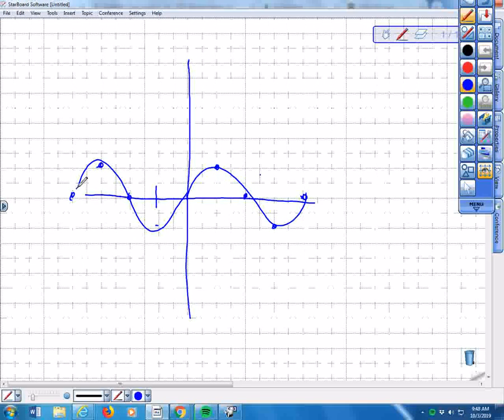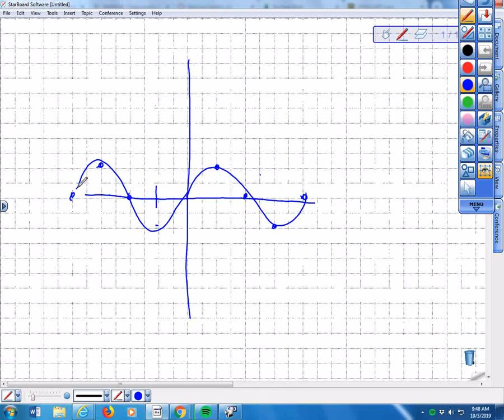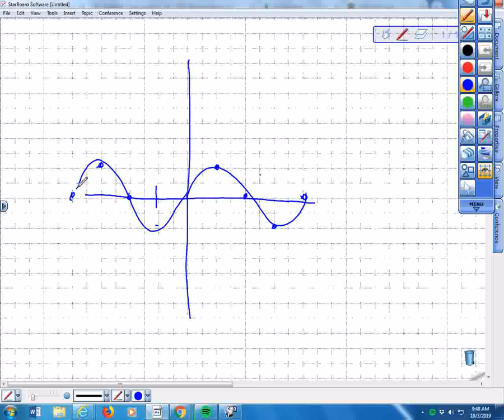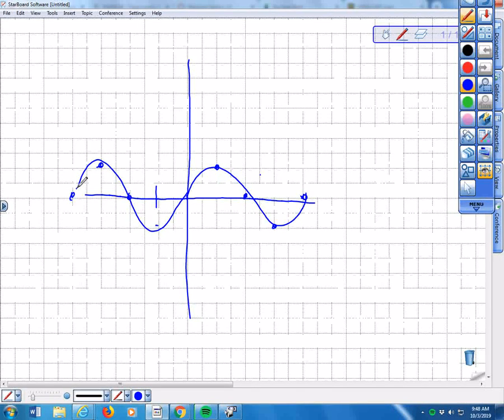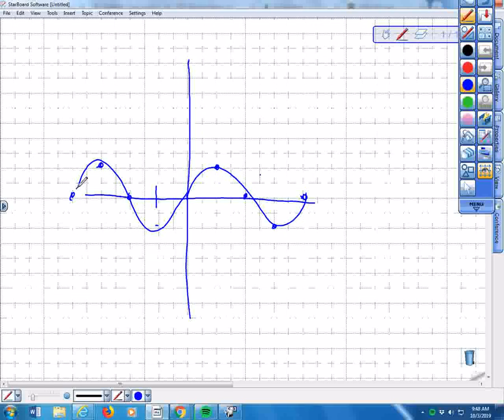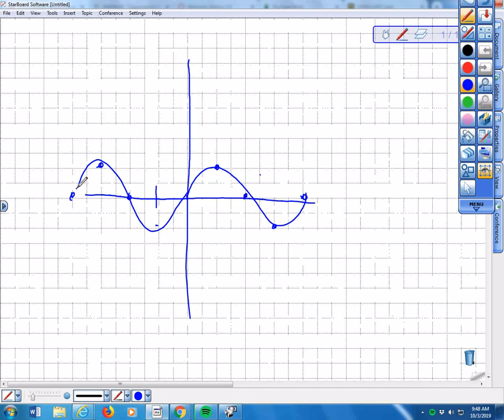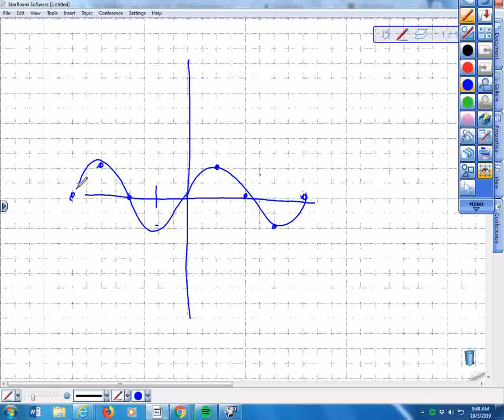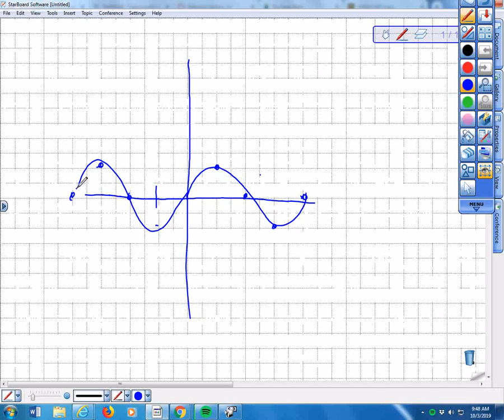But if I want to know whether this function is considered one-to-one, which means it's a function and its inverse is a function, then I run a horizontal line test through. And you can see when I run a horizontal line test through the sine function as it goes on forever, it's going to be connecting at multiple points to infinity as it goes left and right. Okay, so it is not a one-to-one function.